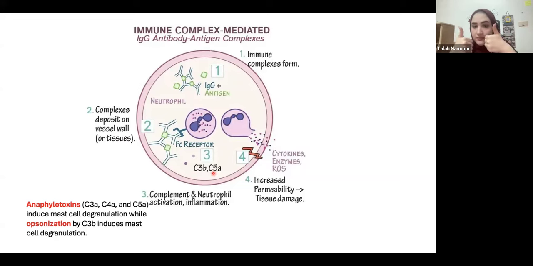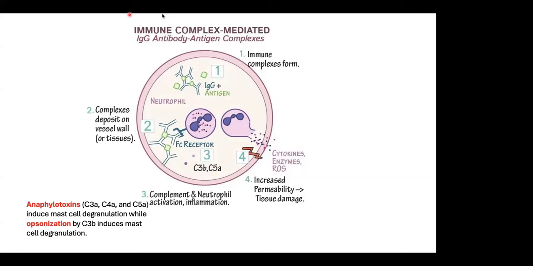It's easy, guys. The complex is the problem. The antigen with the antibody depositing in different places is what's causing the problem. Okay? Please say yes. Just type yes, please. Can you hear me? Yes, it's clear.